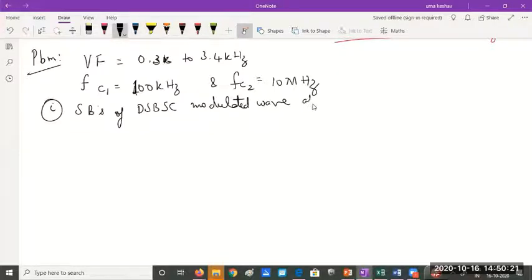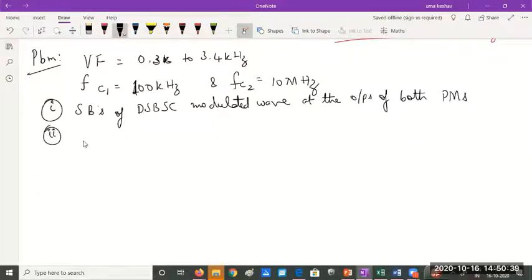At the outputs of both product modulators, or multipliers.